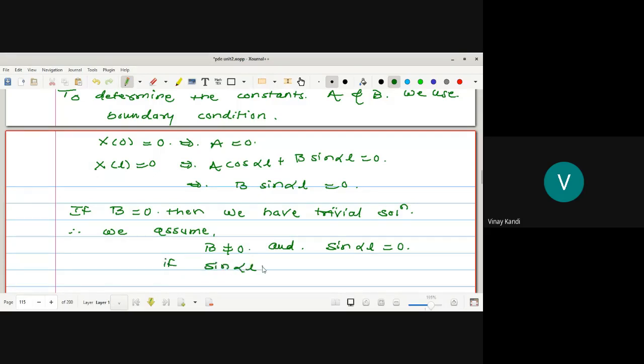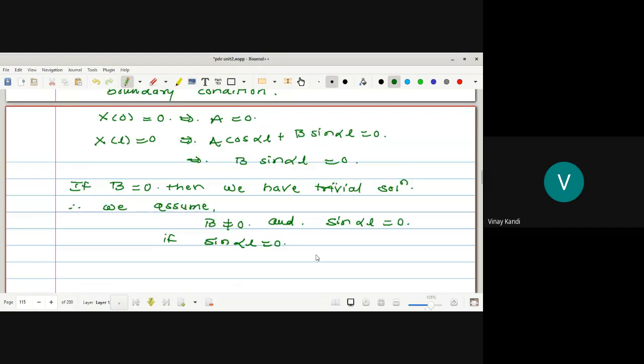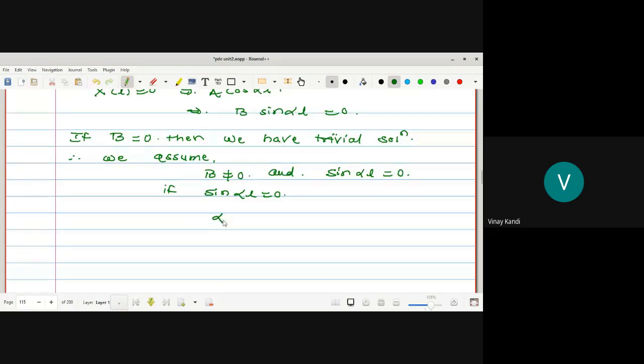If sin alpha l is equal to 0, now tell me what are the possible values of alpha l. N pi. N pi, very good.